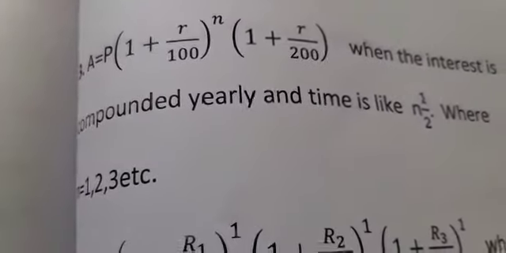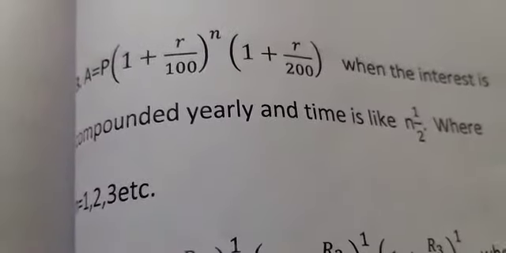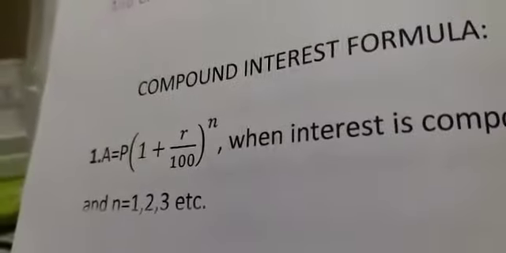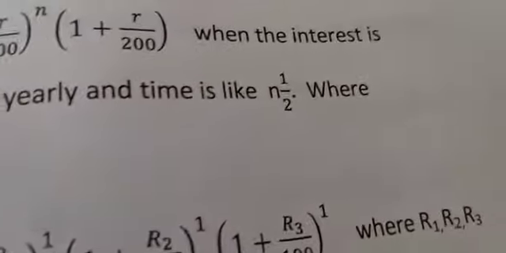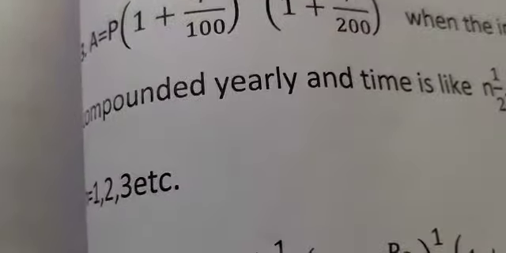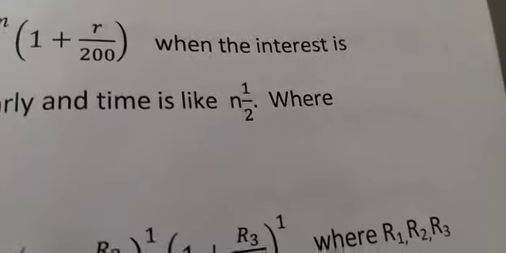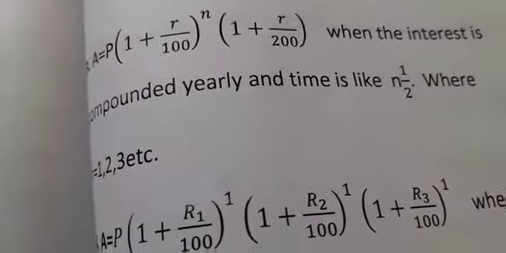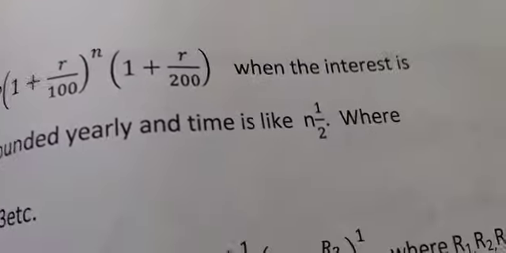Now come to the third one. When the interest is payable yearly, here also the interest is payable yearly, but here the time is like n whole 1 by 2, means 1 whole 1 by 2 or 2 whole 1 by 2 or 3 whole 1 by 2.